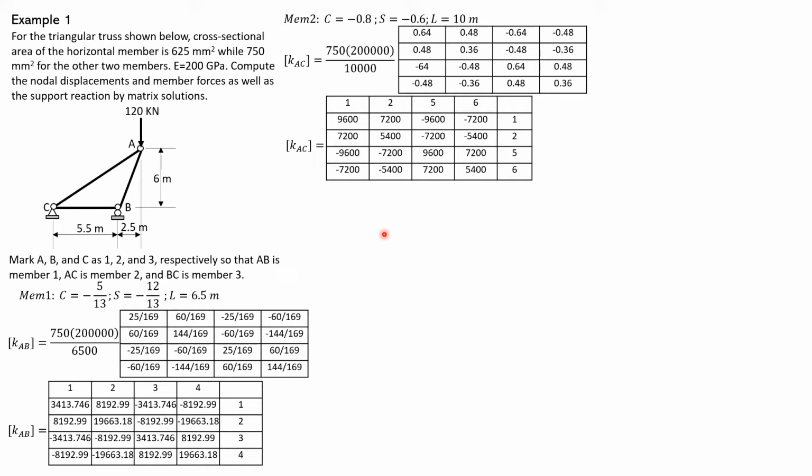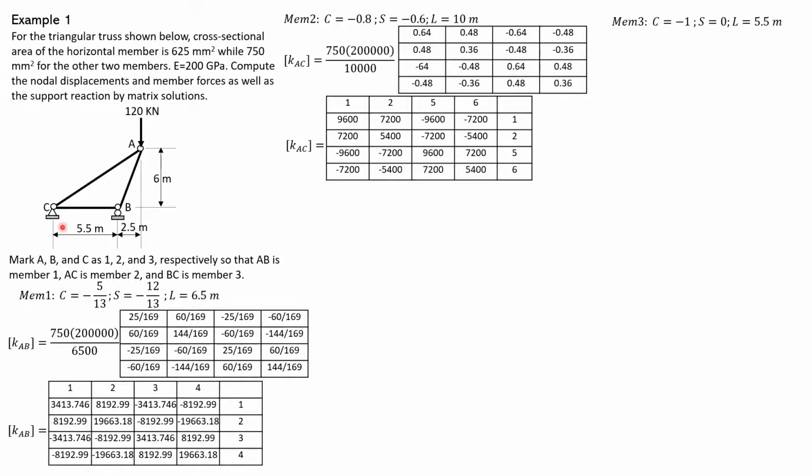Then for BC, B to C: this is point 2, this is point 3. The direction is to the left, which is the negative direction. The cosine of 180 degrees, measured counterclockwise, is negative 1, and the sine of 180 is 0. So for member 3, cosine is negative 1, sine is 0.